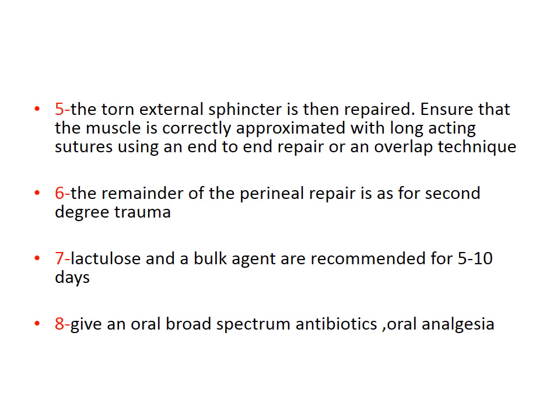Of course, the muscle should be correctly approximated using long-acting sutures, either via an end-to-end repair, and this is especially used when the anal sphincter is partially torn, or using an overlap technique, and this is especially applied when there is a complete disruption of the external anal sphincter.